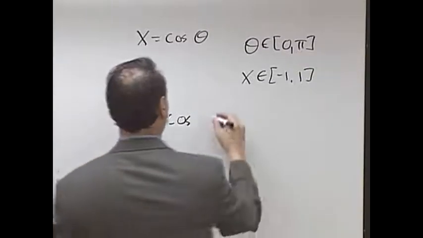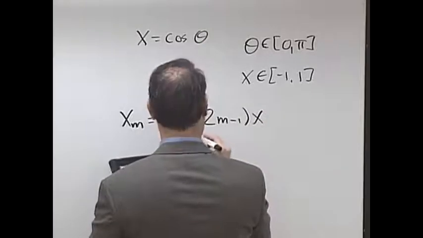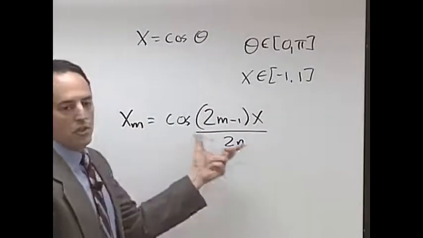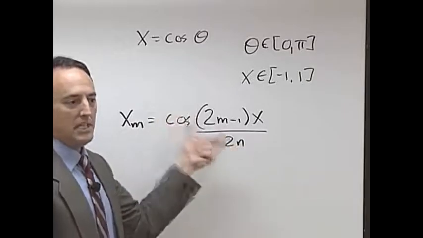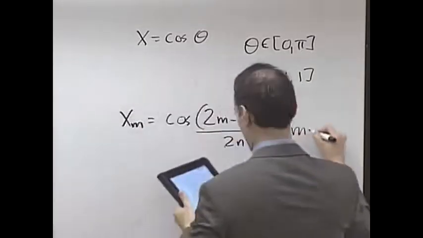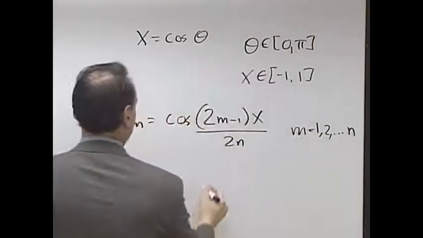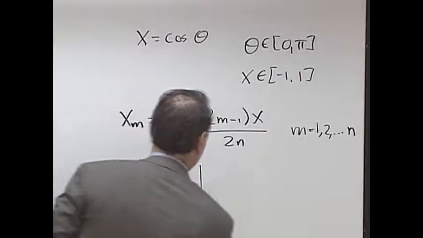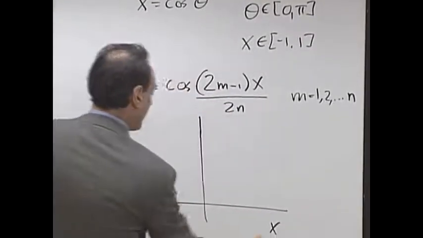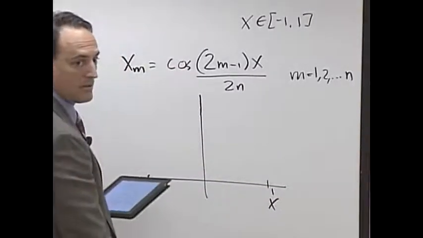I'll draw a picture here. I want to chop up the theta variable evenly. Here's how I do it. M equals 1, 2, all the way up to n. So let me draw a picture here. Here's x, 1, minus 1.